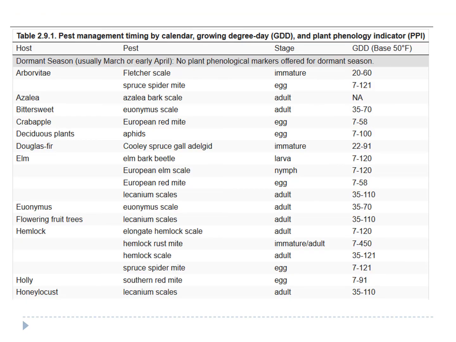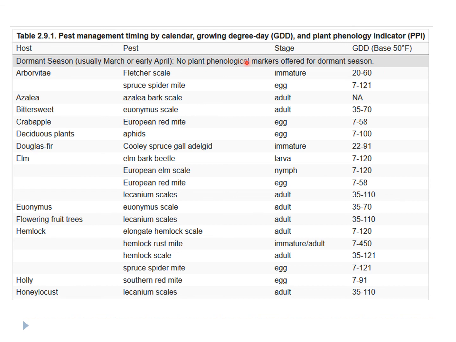So this is how we use them. So this is a pest management schedule. And we're looking at growing degree days, this GDD, which is this column here. And I'll come back to this plant phenology indicator in just a moment. And so here we have, this is dormant.